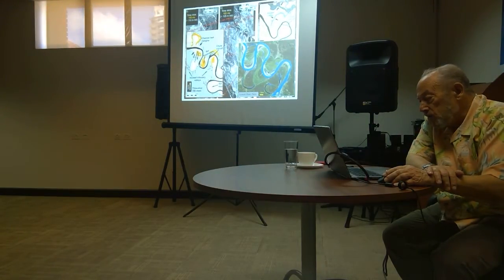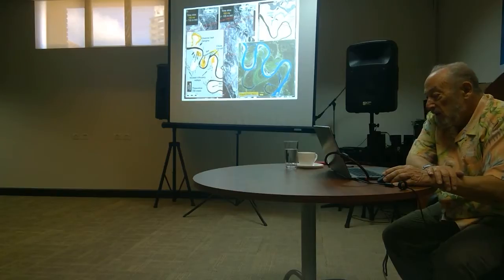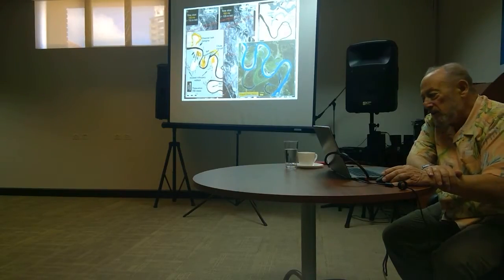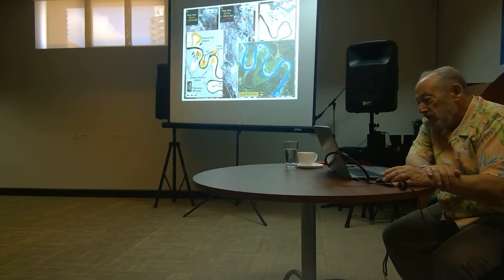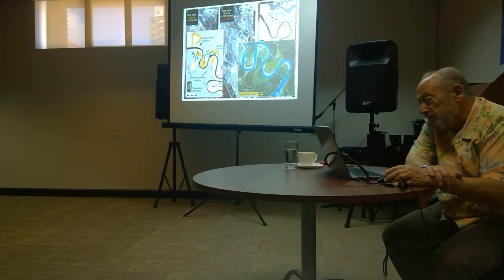So here's a Ucayal River in Peru. Very nice example, an air photograph here, showing the active river. Here's just beautiful point bars, where you can actually see the curvature going that way, and the curvature down here going the opposite way.